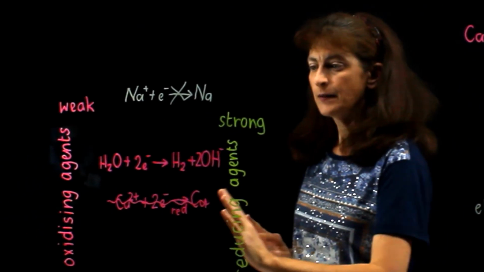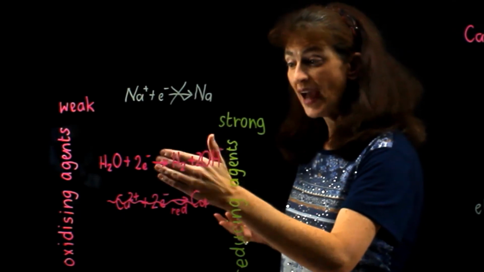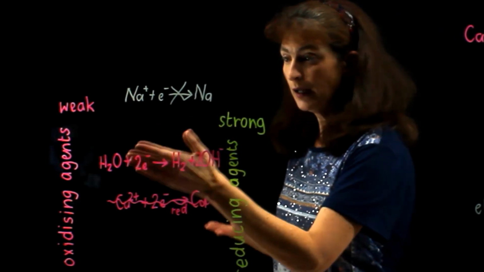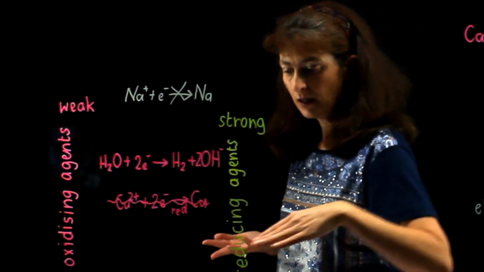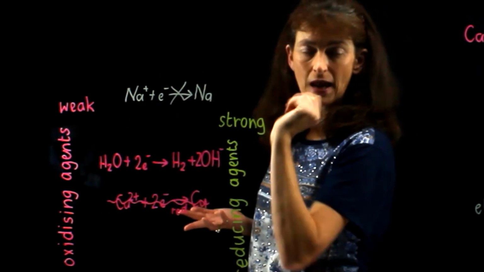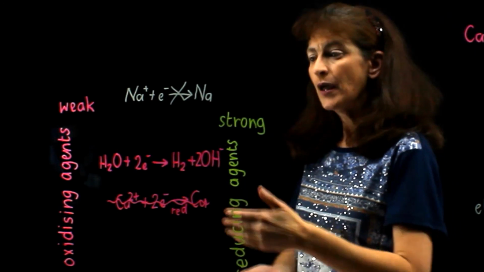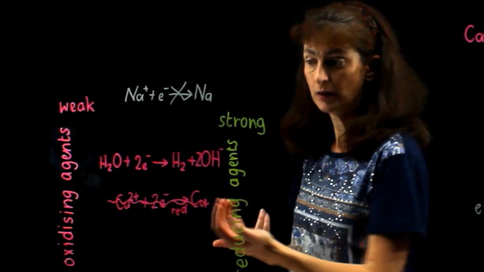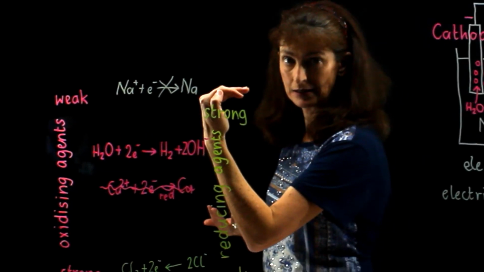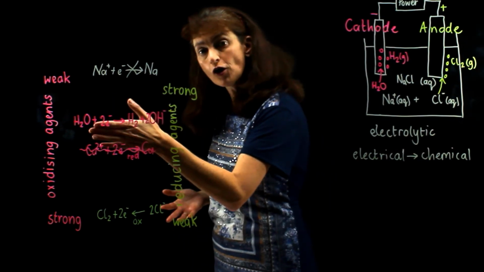No, notice, whether it would be water or whether it would be sodium ions, that would be reduced. In either case, they would be weak oxidizing agents. In other words, you would read the reaction in the backward direction. But when there's a choice between two possible oxidizing agents, then even in an electrolytic cell, the stronger one will be the oxidizing agent.